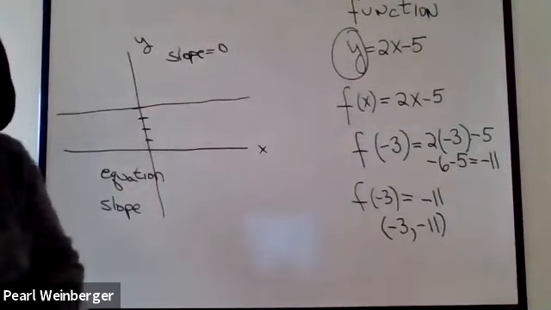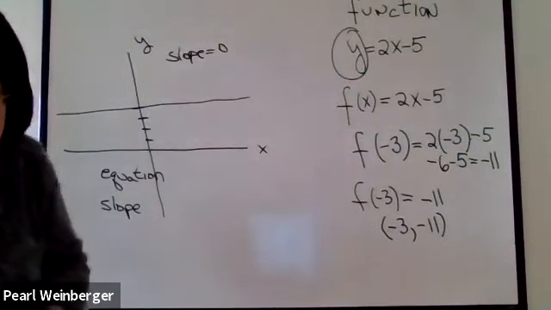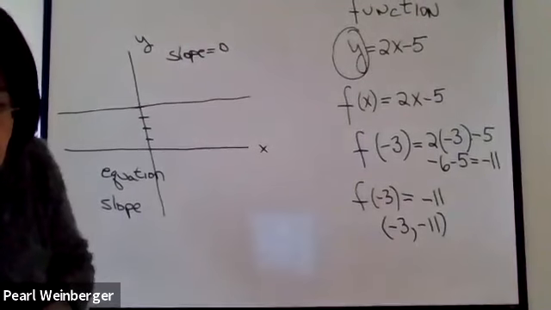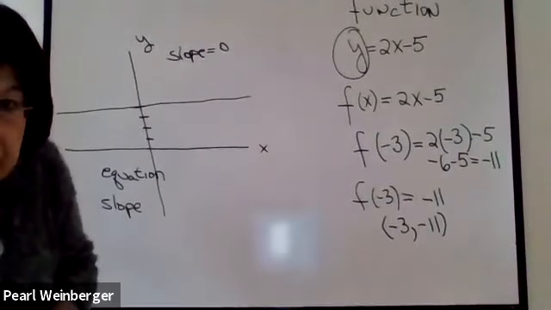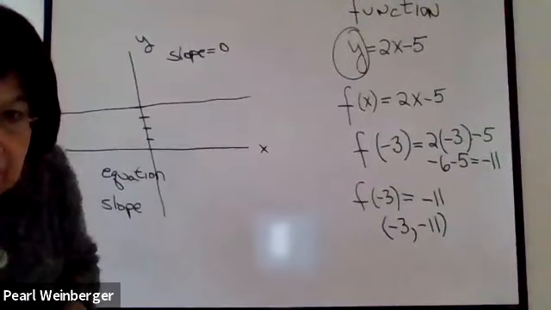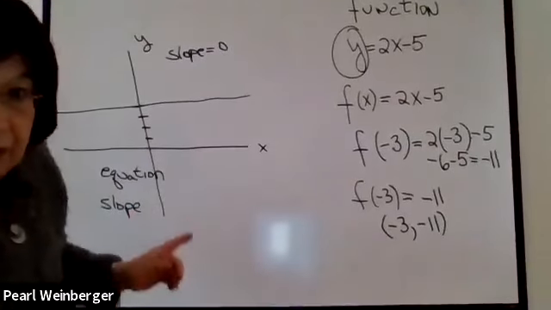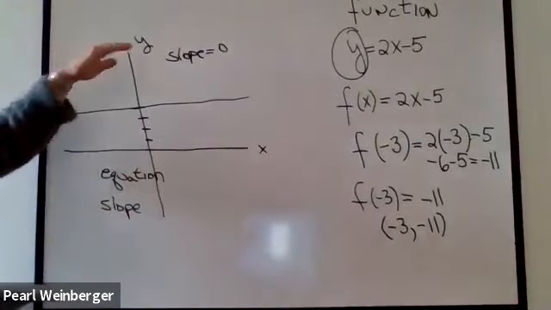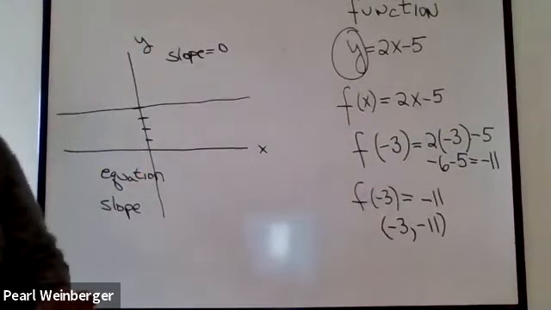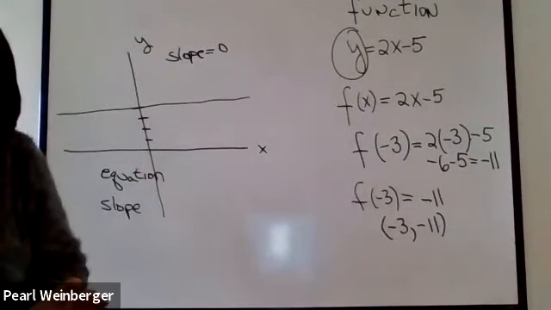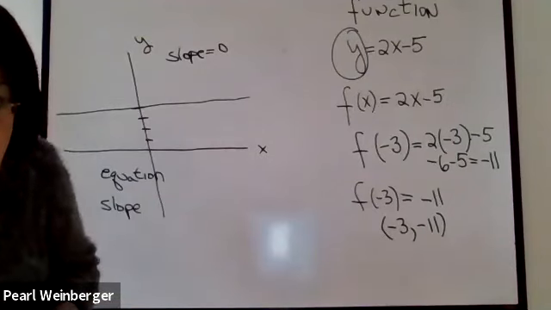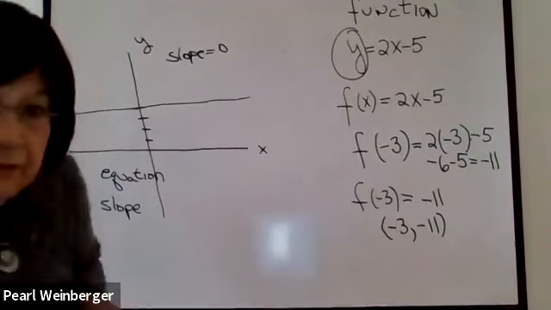Anytime you have a line that is horizontal, its slope is going to be 0. Emma, first of all, the slope is 0, and that's what you said.